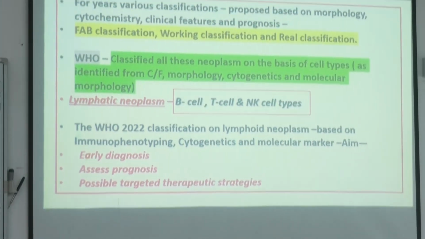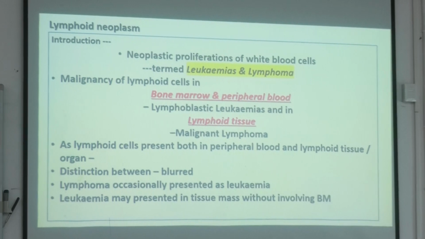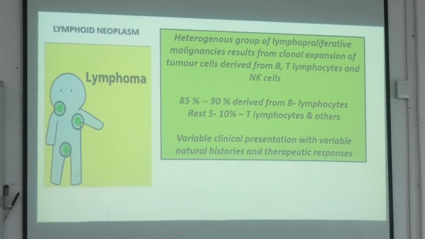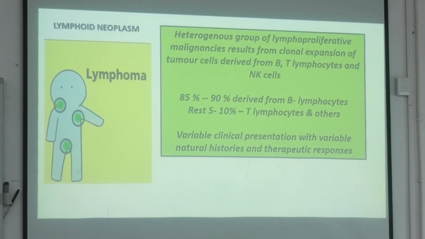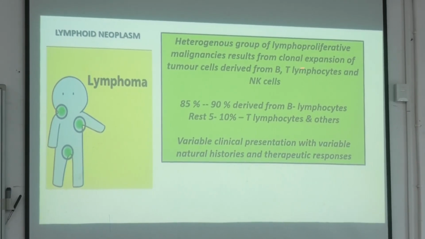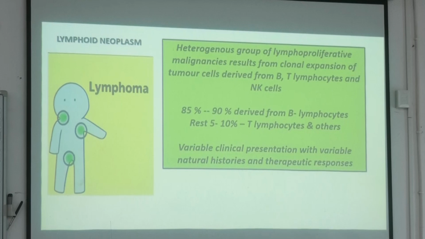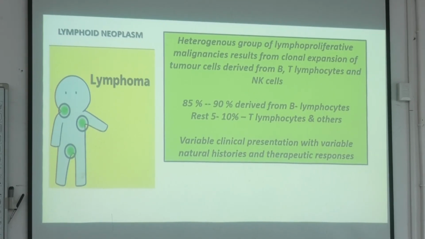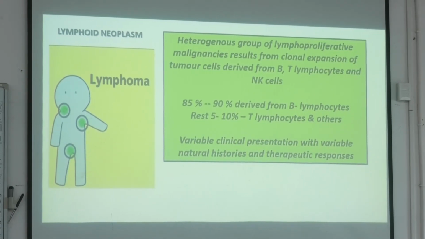When it is reactive in nature, the lymphoid proliferation is polyclonal. Mostly, 85% to 90% of cells are derived from B cells, and the rest, 10 to 15%, are from T lymphocytes and other cells. These entities have various clinical presentations and therapeutic outcomes.